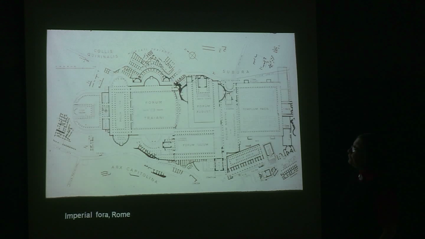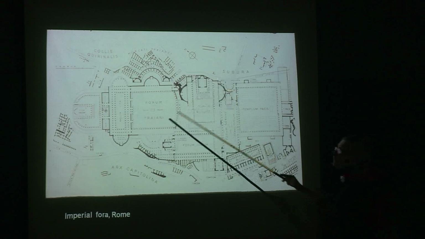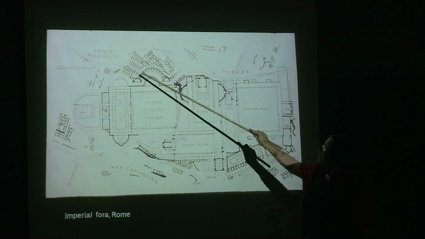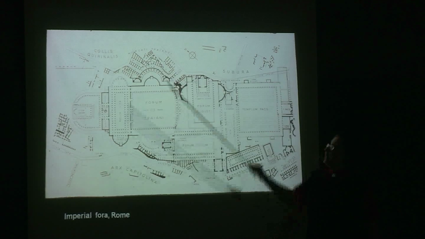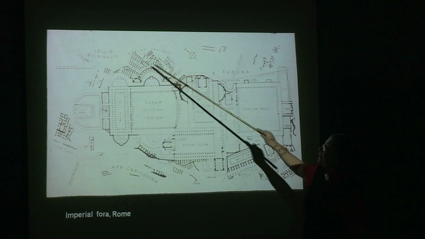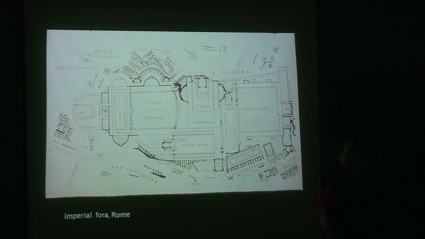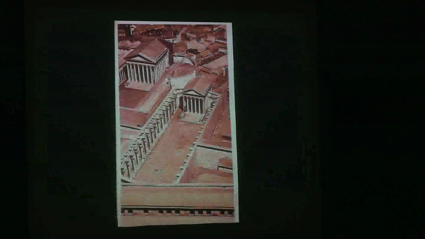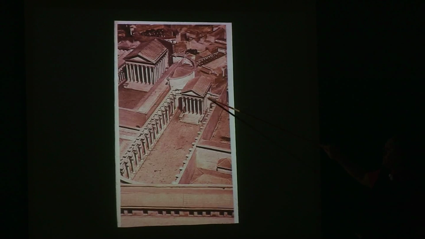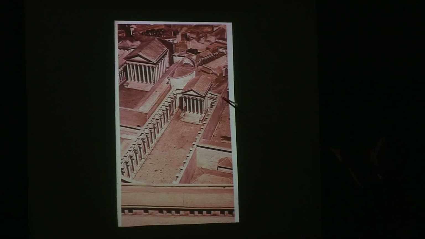So it is tremendously significant to compare and contrast the markets of Trajan and the Forum of Trajan. In the markets of Trajan, when you look at it more closely, you don't see this kind of architecture where you have a frontal temple, as in the Forum Transitorium, these engaged columns that we have seen.